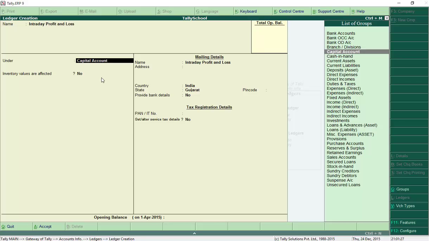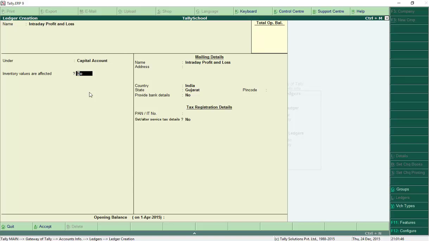If it is profit, put it under income, and if it is loss, alter it and put it under expense account. Don't worry, I'll show you that in this video, but first for this entry let me put it under capital account, and then I'll alter the ledger for you.